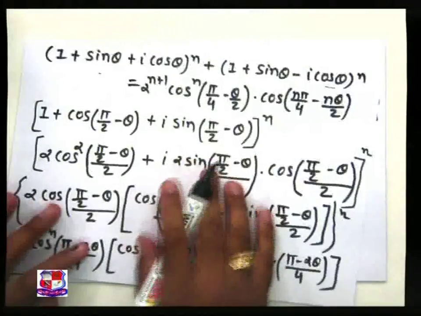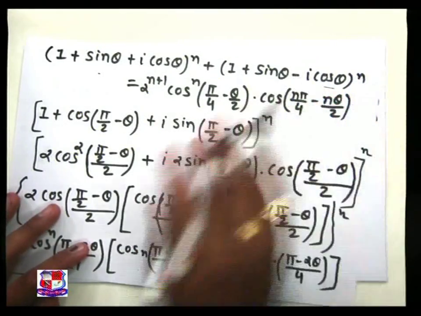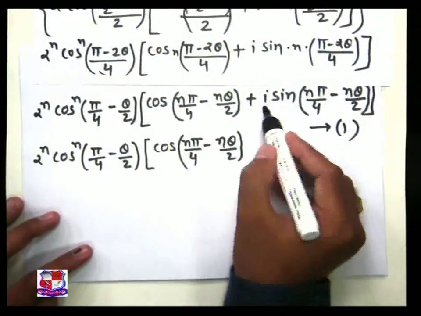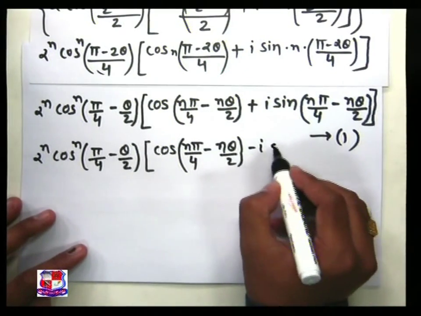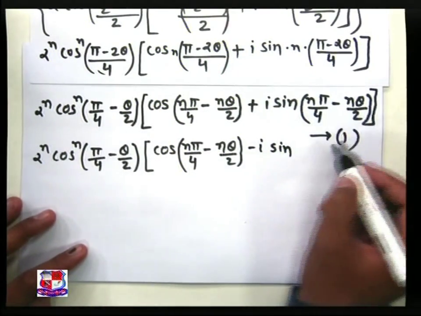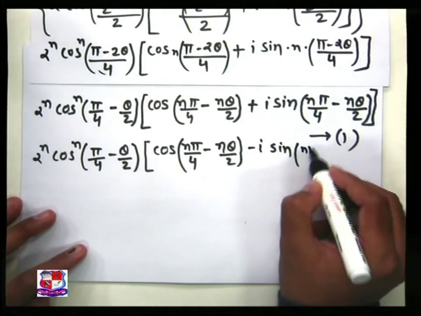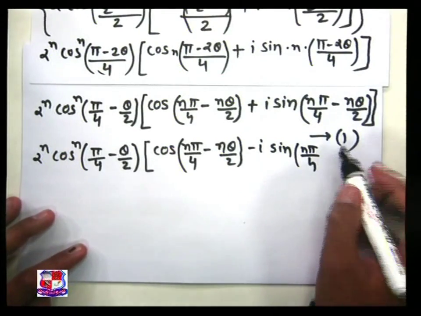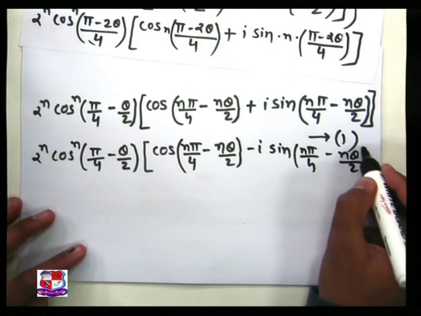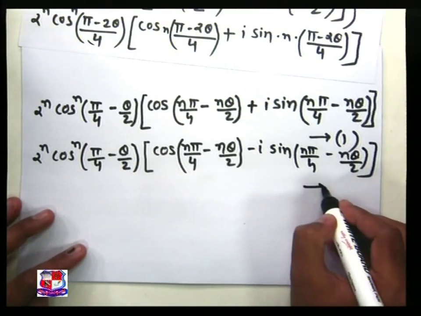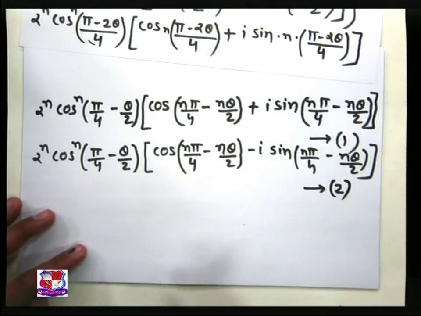Here minus sign, minus i, so write directly minus i sin, here the angle is as it is, n pi by 4 minus n theta by 2. So this is nothing but our equation number 2.